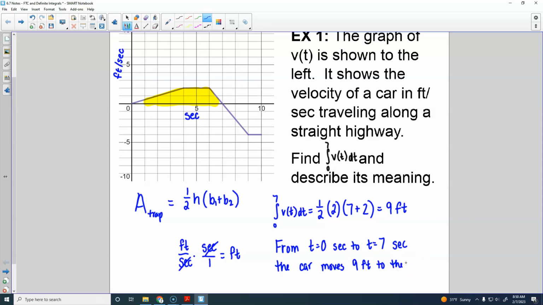Or it doesn't specifically tell us the positive direction, I guess. We're going to say right, whatever your positive direction is.